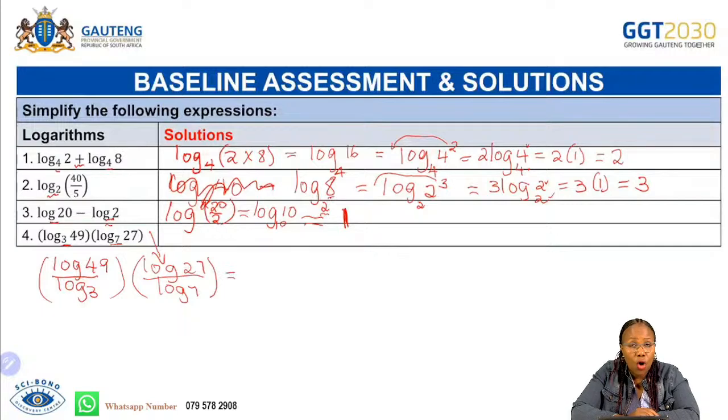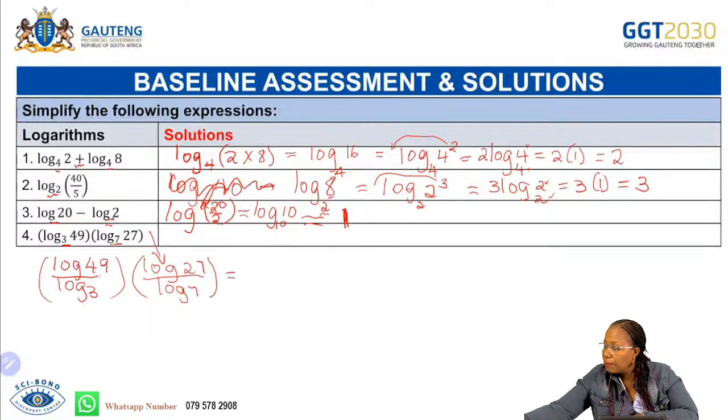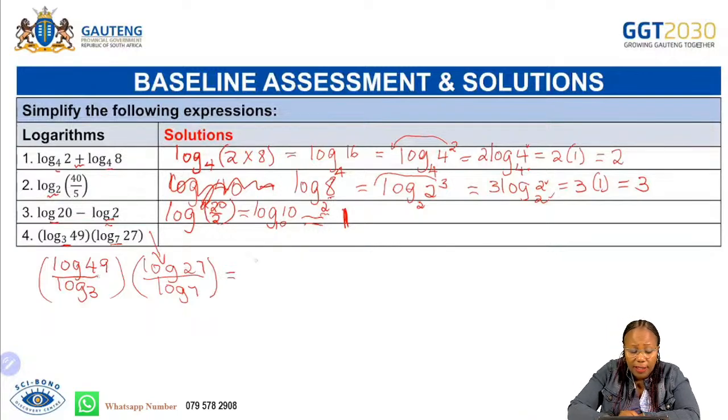Okay, and then on top now, grade 12, you can write that in terms of base 7. That will be 7 squared. Remember, 49 will be log 7 squared over log 3. So 3, you can't do anything to that one. And the log of 27 is the same as log of 3 to the power 3. Log of 7 is also already in a simple form.